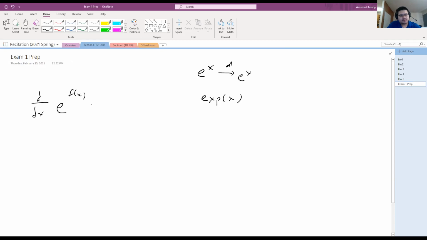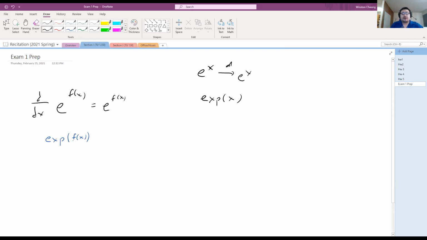And the way this works is the derivative of the exponential function is just going to be recopying itself. And then we look inside the exponential function. Actually, let me also write what this would be using that notation. So it's the exponential of the f of x function. Okay, so that should be more convincing.